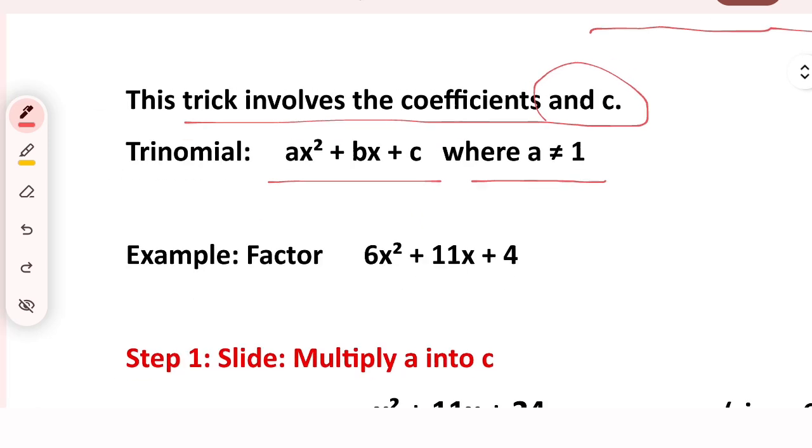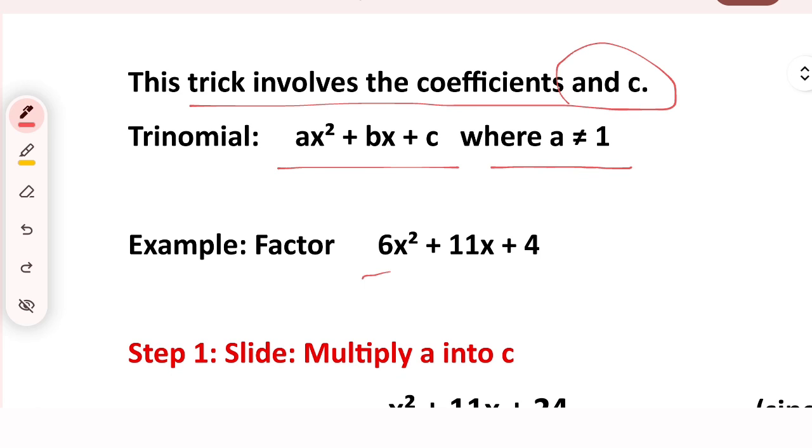For example, here we have the trinomial 6x squared plus 11x plus 4. As you can see, a is not 1. A is equal to 6, and c is equal to 4.